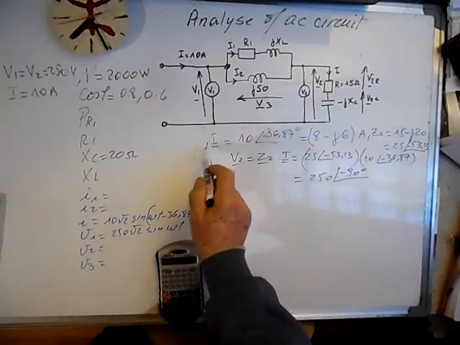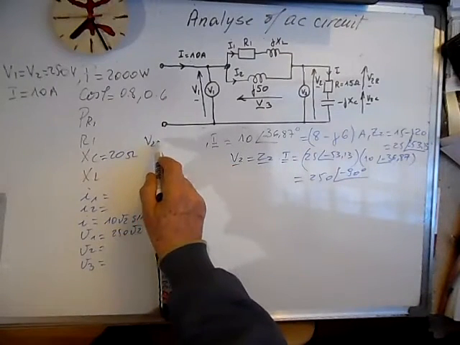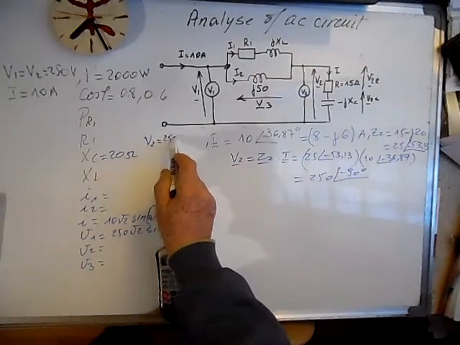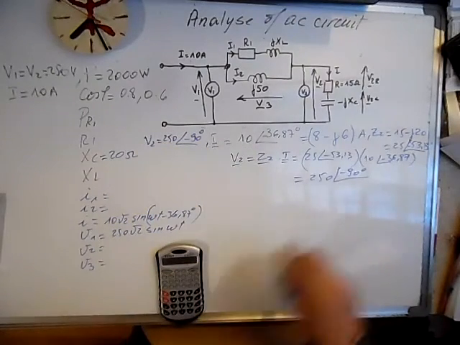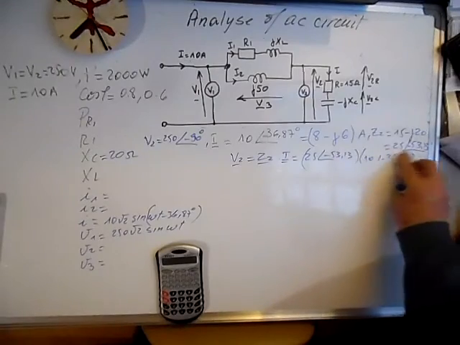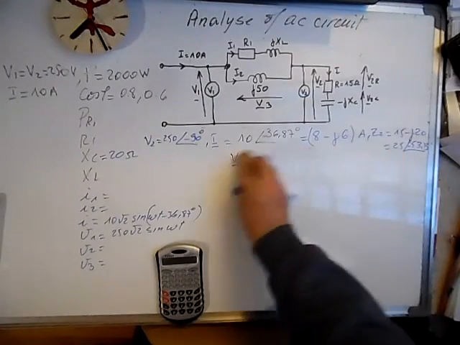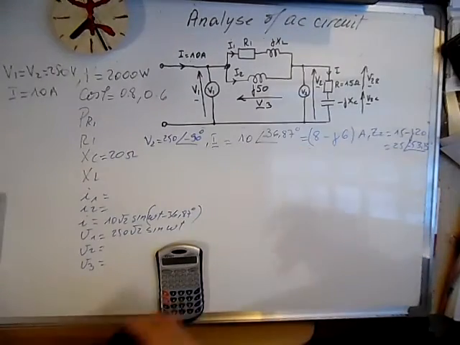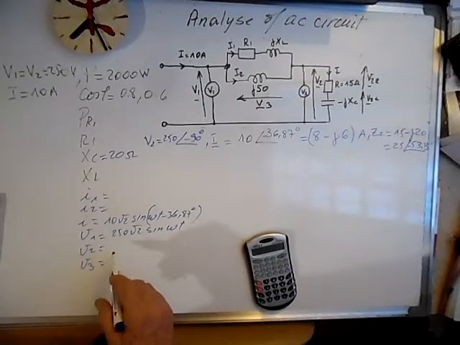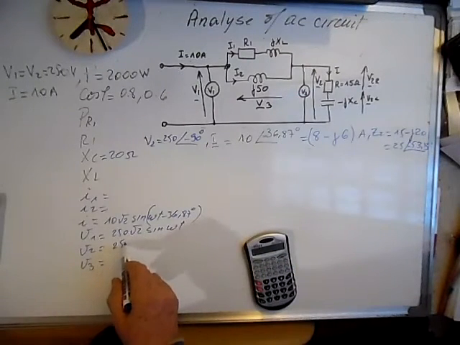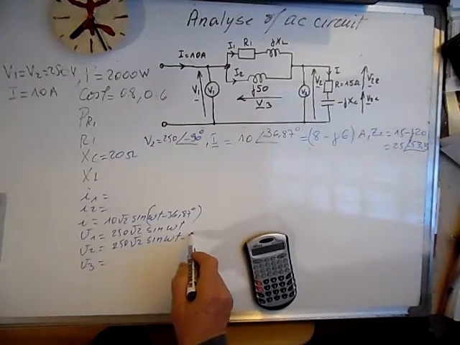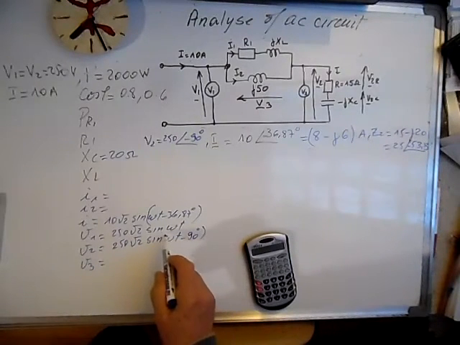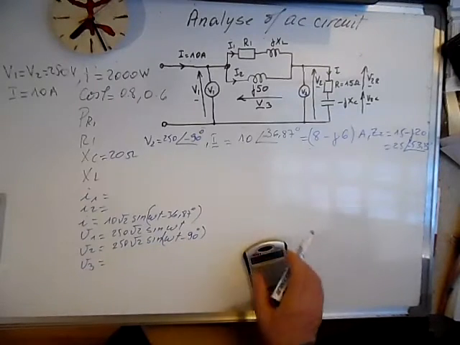Okay, we write V2 here so that we don't forget it. Minus 90 degrees. So we can now calculate V3. So we can write the result here, 250 square root of 2 sine omega t minus 90 degrees. Okay, V3.